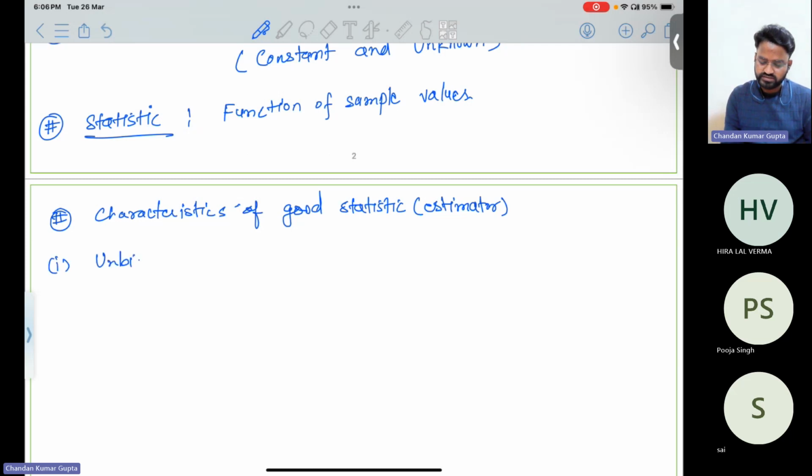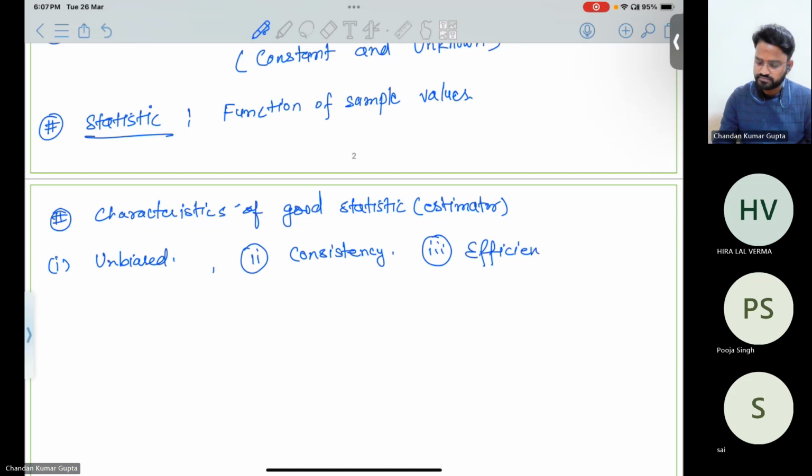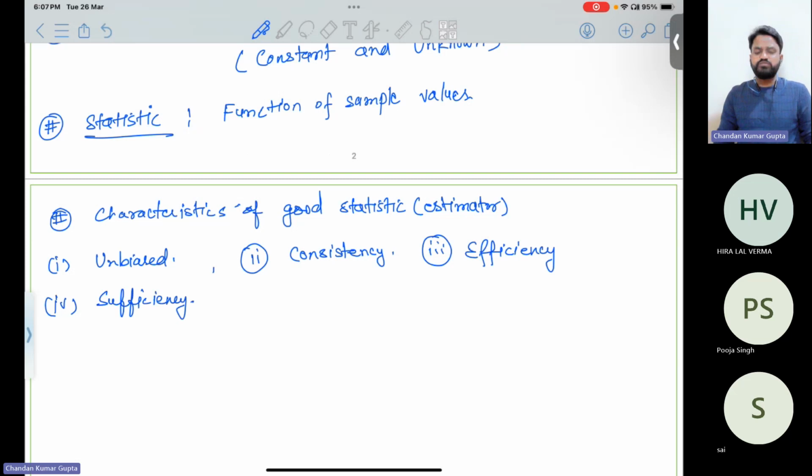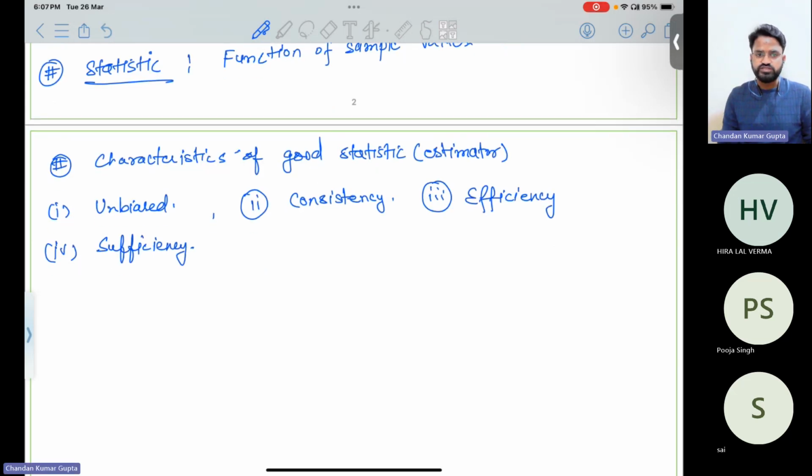The first one is unbiasedness, the second is consistency, the third is efficiency, and the last is sufficiency. Apart from these, there is also completeness of an estimator. We mainly discuss these four, and in this week we are dealing only with unbiased and consistent estimators.